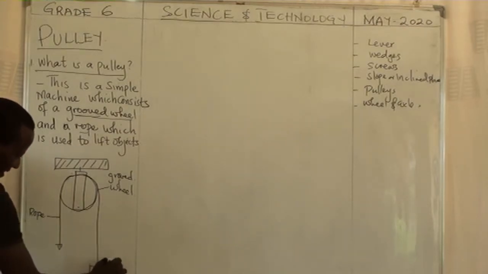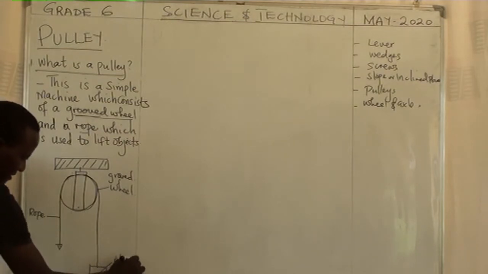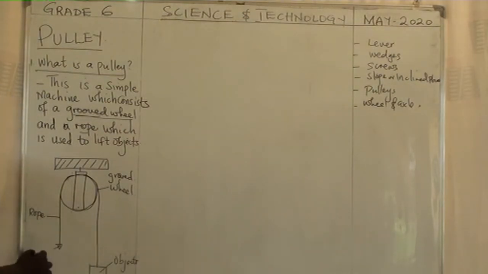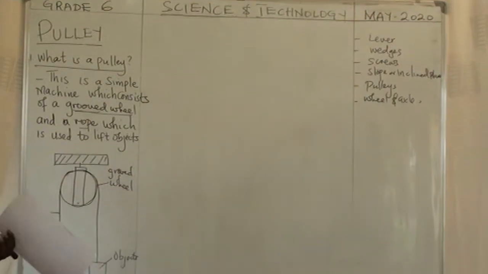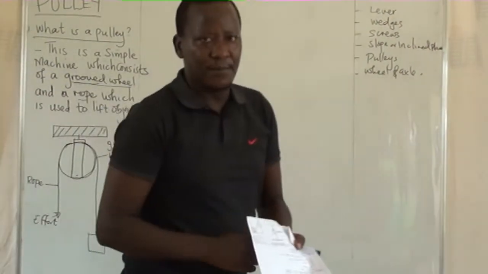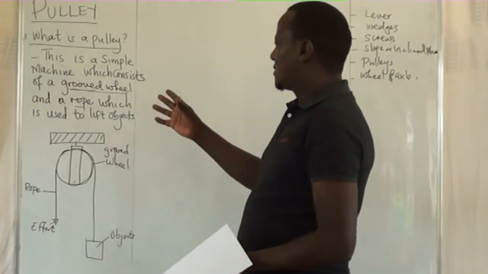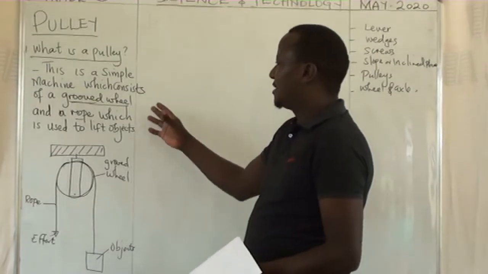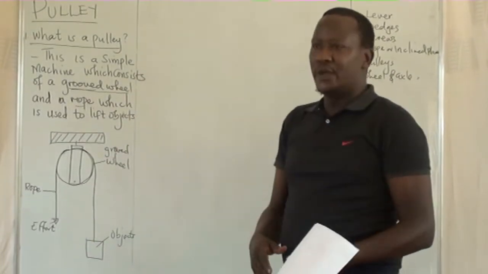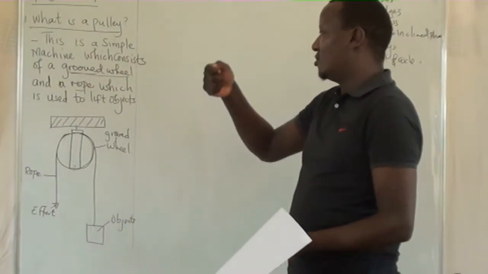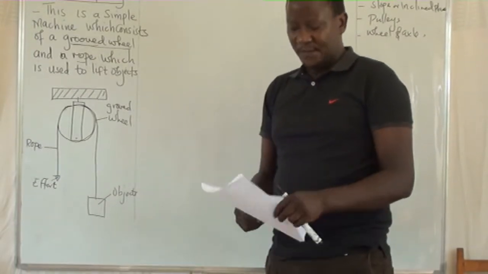The object that is being lifted is this one here, and this one is going to be our effort. So this is a simple diagram of a pulley. Now, as we have said, it is a simple machine that consists of a grooved wheel and a rope, which are used to lift objects.